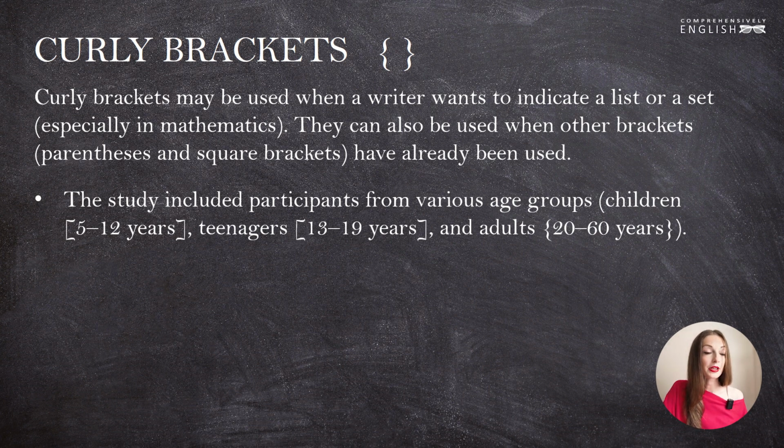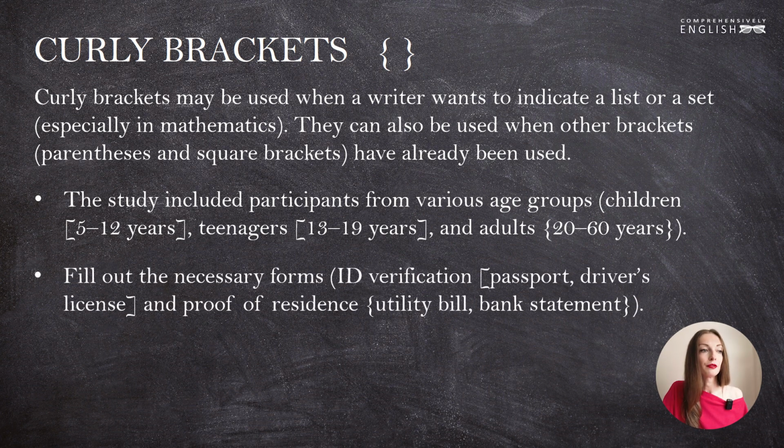The curly brackets here help group a broader range of data while maintaining the clarity of those brackets that are nested within the parentheses. Another example: fill out the necessary forms: ID verification, passport, driver's license, and proof of residence, utility bill, bank statement.